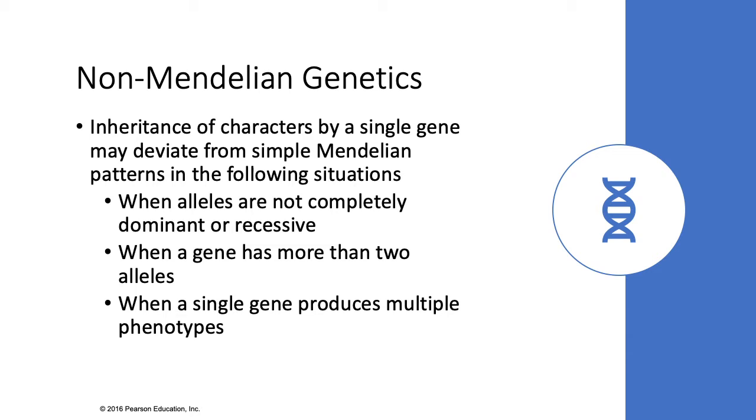Sometimes one gene will affect the expression of another gene, and often a trait is controlled by multiple genes, not just by one gene. In other words, genetics is actually a lot more complex than what was discovered by Mendel, even though the discoveries that he made were true for a certain number of traits.